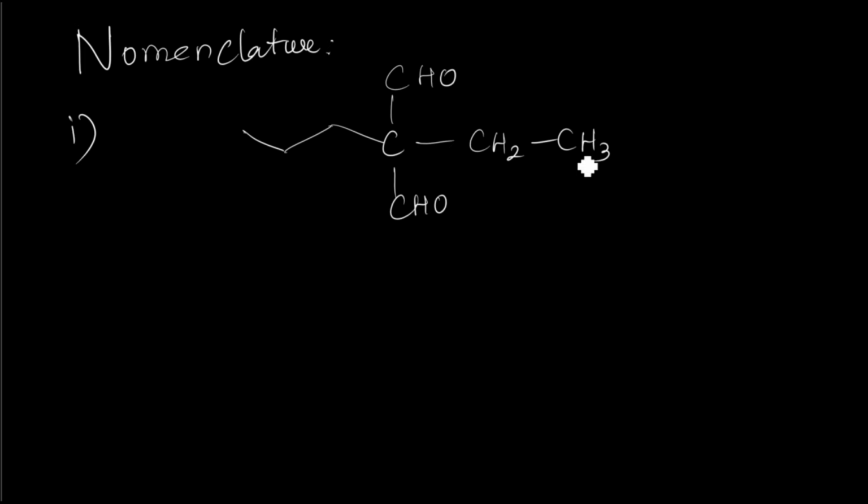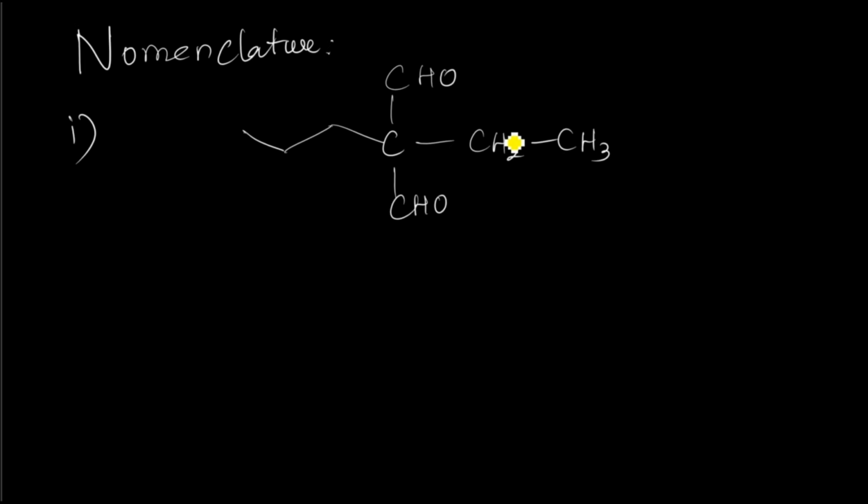If a compound has only two such functional groups, then the carbon of one functional group will be one terminal carbon, and the carbon of the other functional group will be the other terminal carbon of the principal chain. So how do we have to number it then? 1, 2, 3, 4, 3.